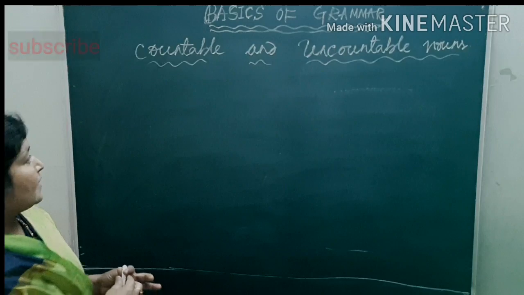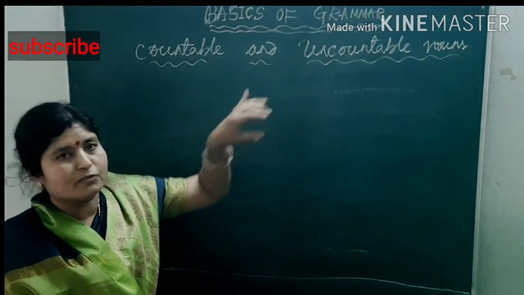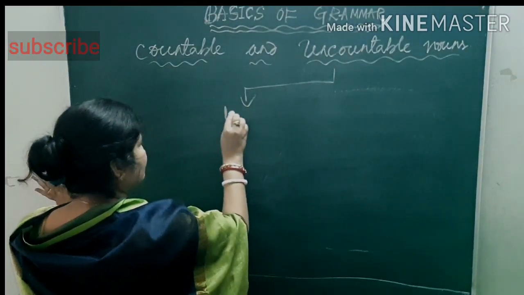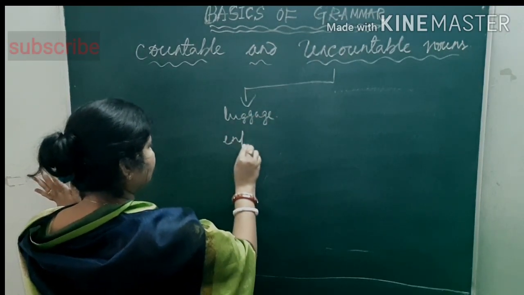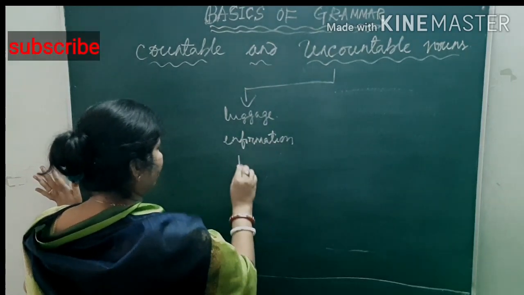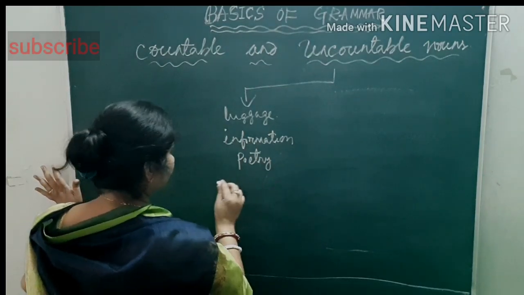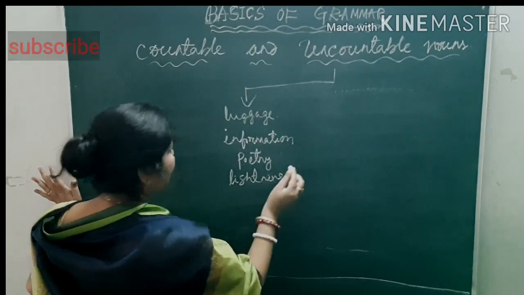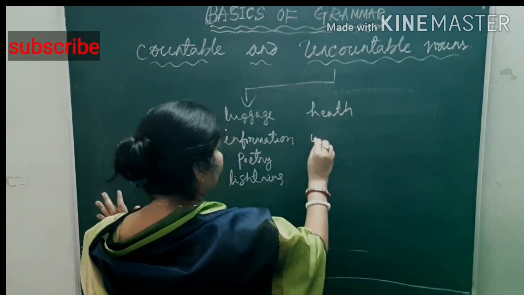Well, some nouns are always used as uncountable nouns, like luggage, information, poetry, lightning, health, wealth.